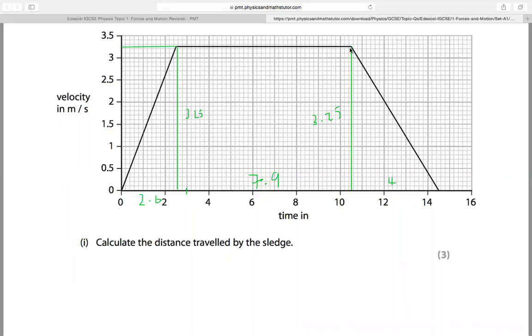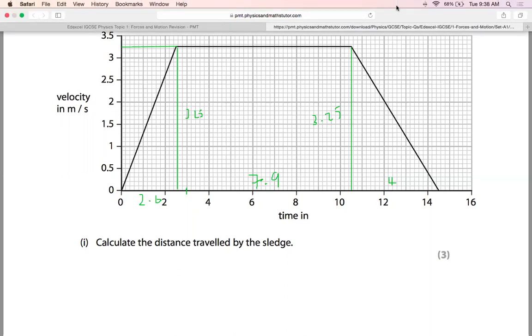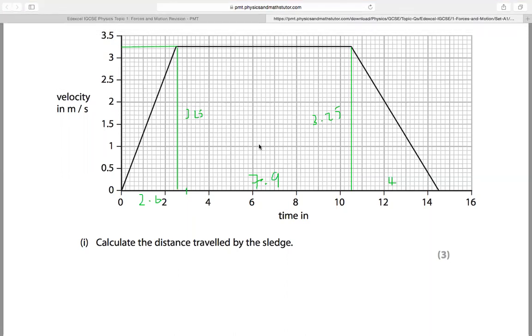And again, my height, simple, 3.25 is the same. So half times 4 times 3.25. What do I get? I get 6.5. Remember, it's a triangle, so it's not just base times height. It's half times base times height. So you should get 6.5.